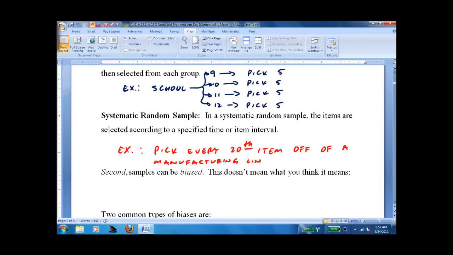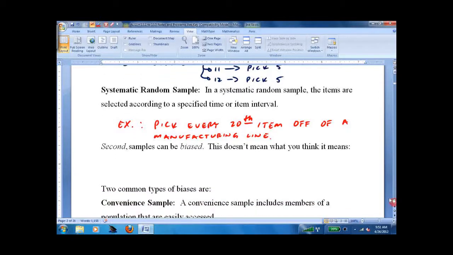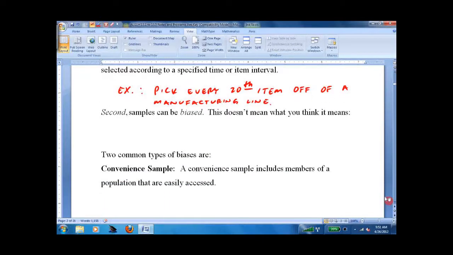Now, I keep harping on this. It's a good survey. It's a good sample because there are biases that will pop up in our surveys, and we have to watch out for them. We have to be aware of them. You probably hear the word bias and say, that means I'm discriminating. And you are, but not with evil intent.